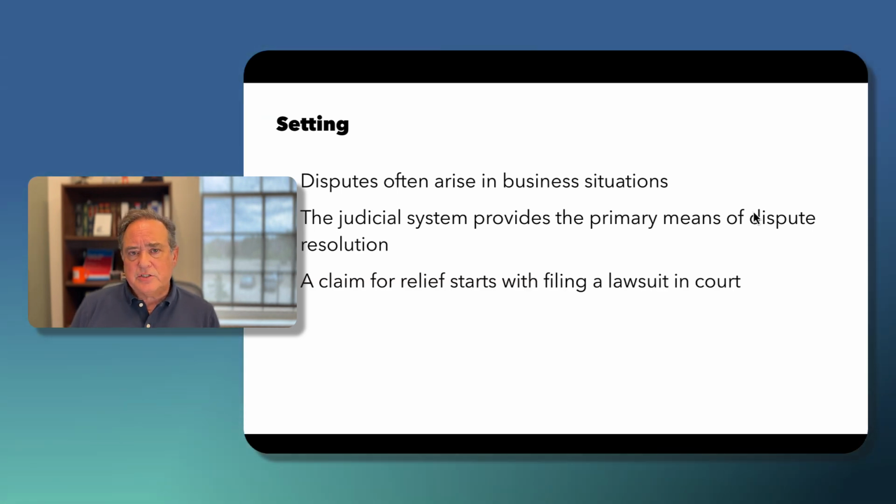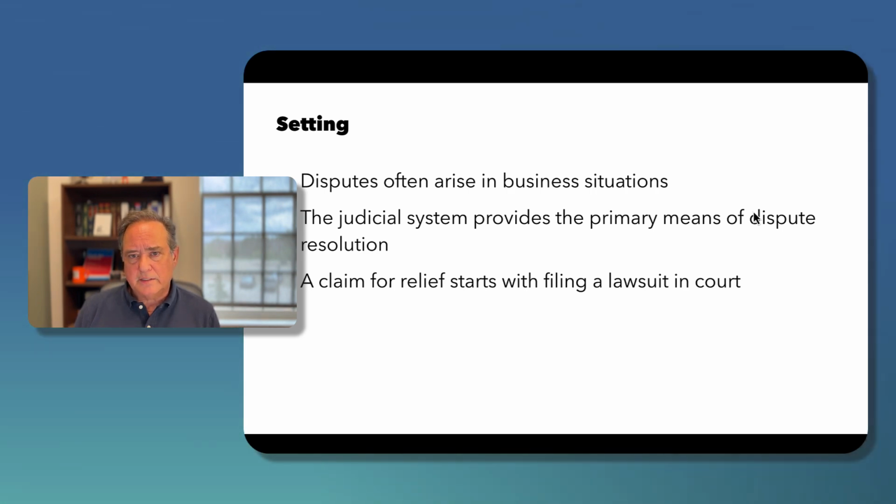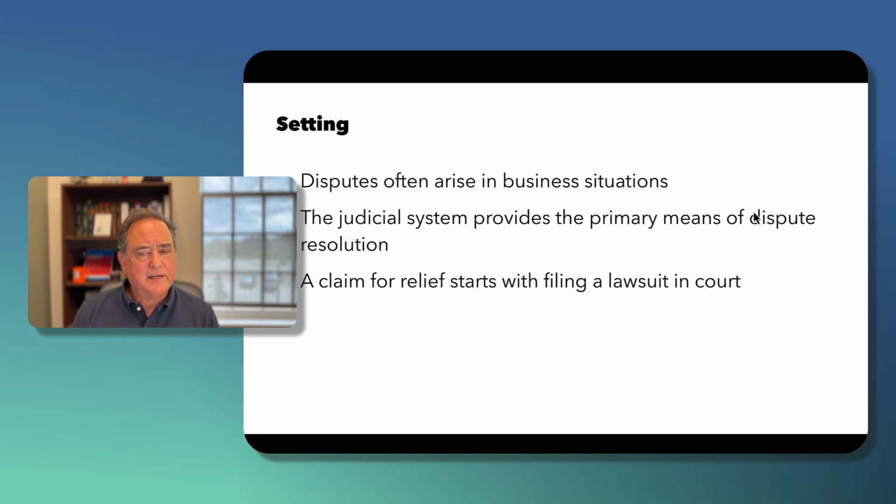Now, when we start a claim for relief, we do that by filing a lawsuit in court. And so what we will be doing in the first module is to be focusing on the lawsuit, the practicalities, not so much on the substance of the law, but the procedural aspects of the law.